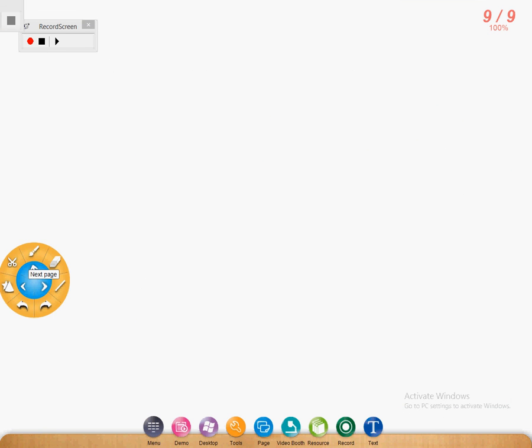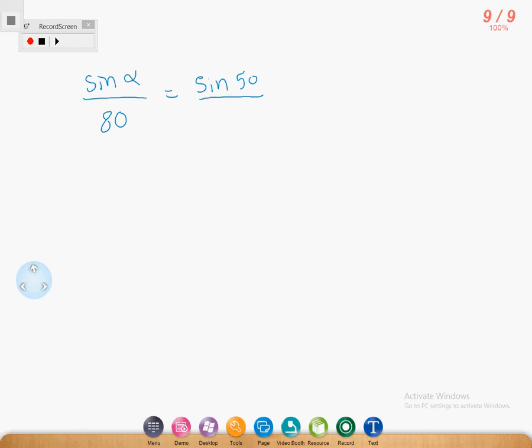Okay, better. Now we wrote sine alpha over 80 equal sine 50 over 428. And we said we have to make cross multiplication. So sine alpha times 428 equal 80 times sine 50.